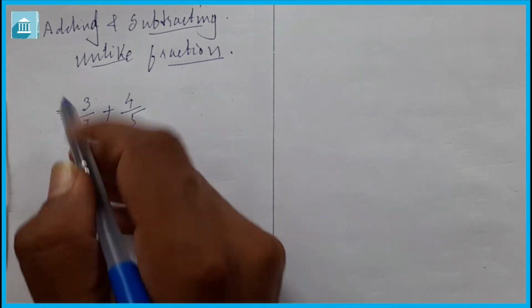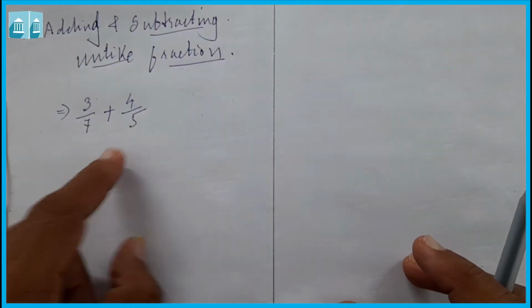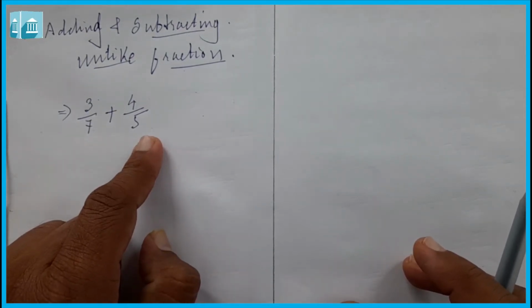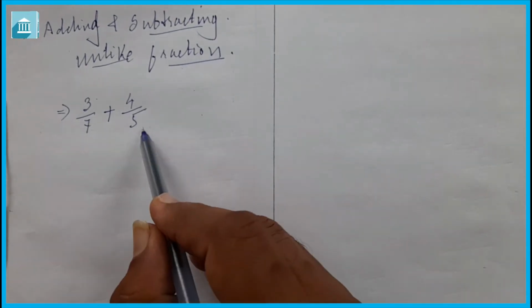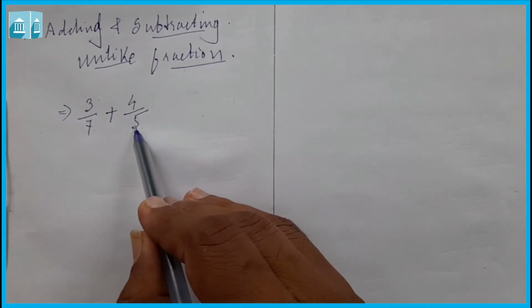Now when we add them, we know that addition of fractions is only possible if they are like fractions, meaning if their denominators are the same, then only addition of fractions is possible. Here it is 7 and here it is 5.